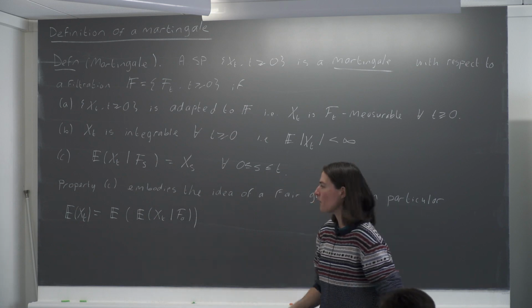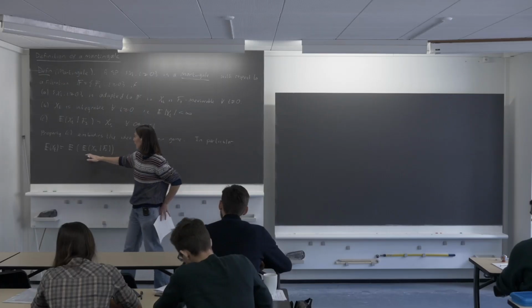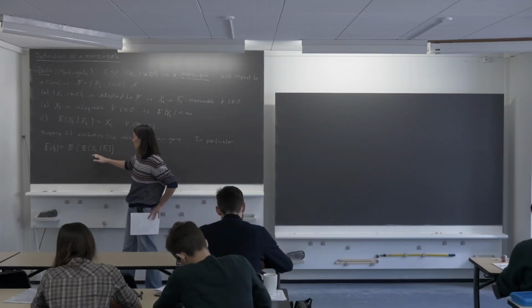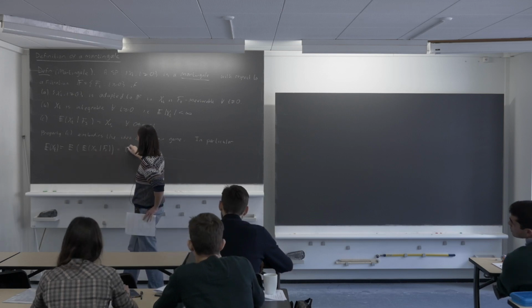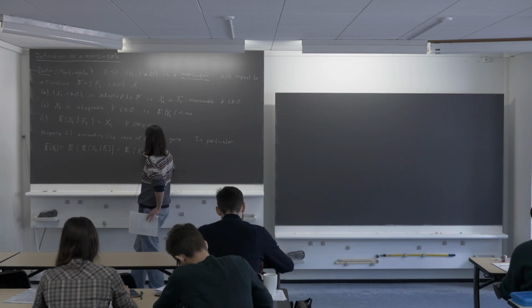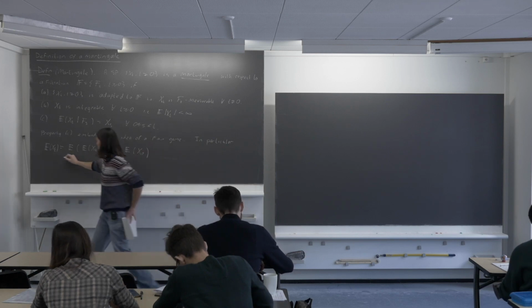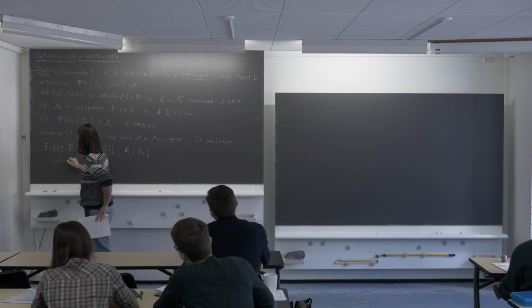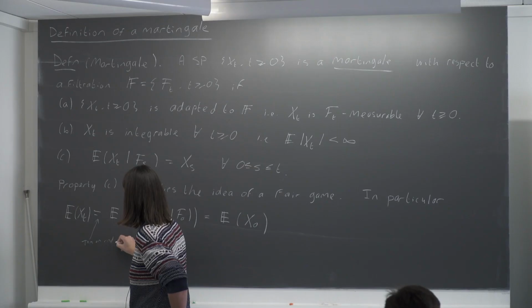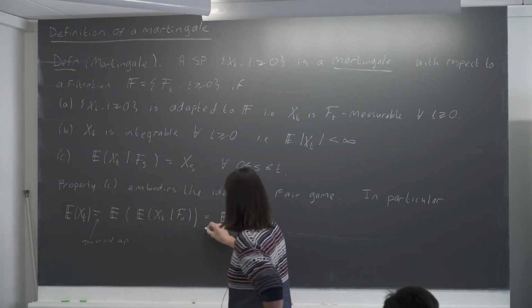That was just our Tower property that we had in our conditional expectation theorem. But this here is exactly equal to the expected value of X0. So this is from the theorem on conditional expectation, and this here is property C.